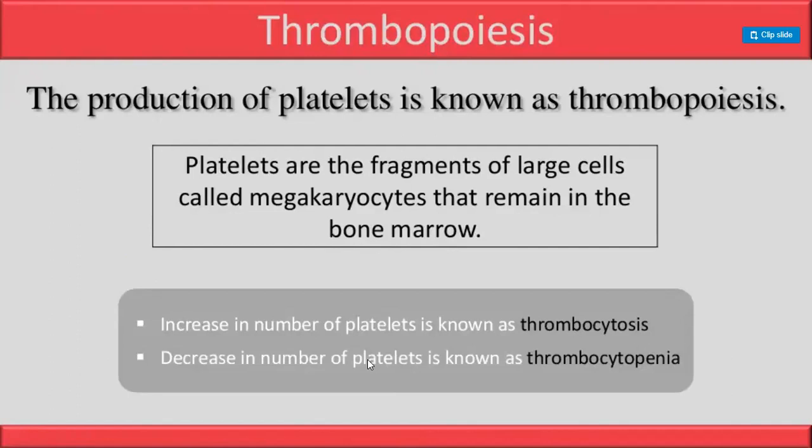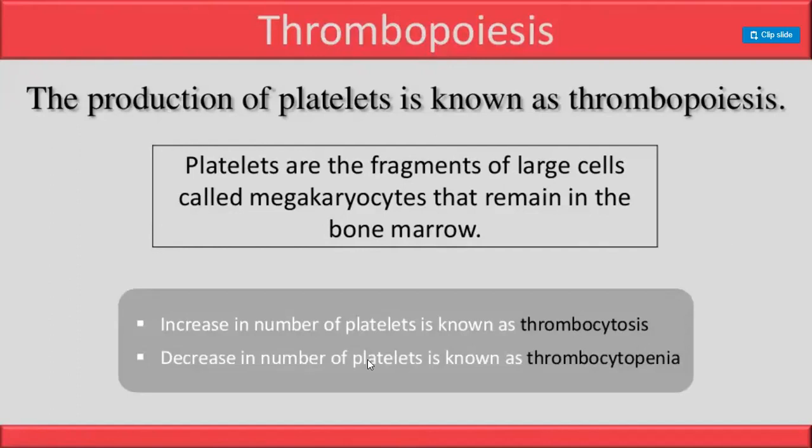Platelets are the fragments of large cells called megakaryocytes that remain in the bone marrow. So in the process of thrombopoiesis, megakaryocytes give rise to the platelets or the thrombocytes. Now, this happens in the bone marrow.